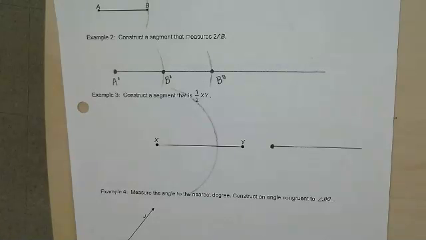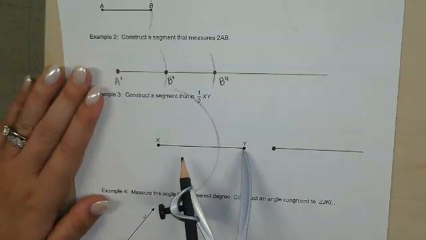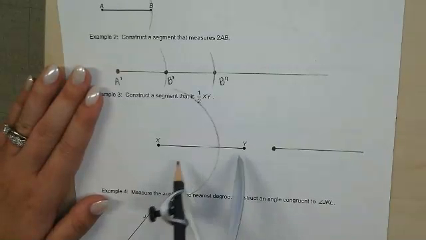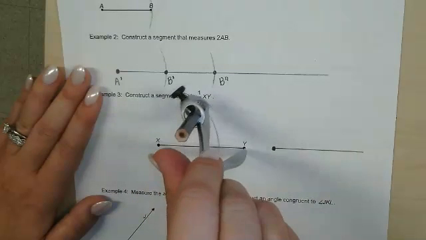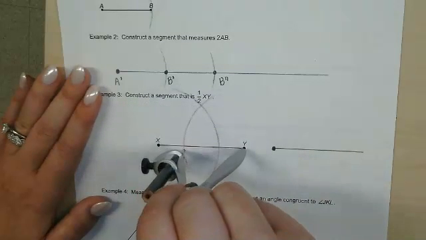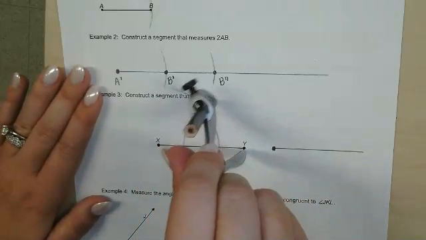Step number 3 says without moving your compass, now place the pointed end on Y. So you're going to flip your compass around, put the pointed end on Y, and make another 1/3 of a circle. So again, we're making a pretty big arc. Okay, these two arcs should intersect each other.